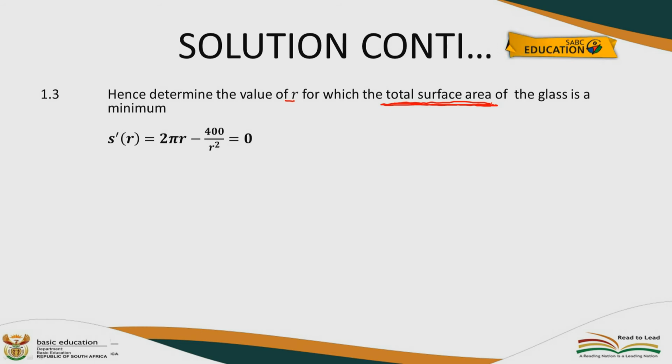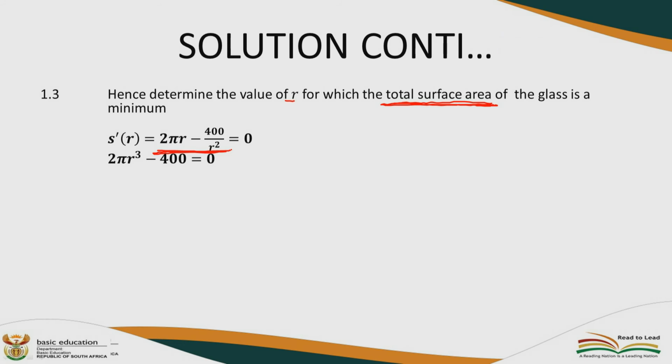We get 2 pi r minus 400 over pi r squared. You should know how to do that by making use of differentiation rules. Because we have a fraction and I don't really like dealing with fractions, I'm going to multiply every term by r squared.